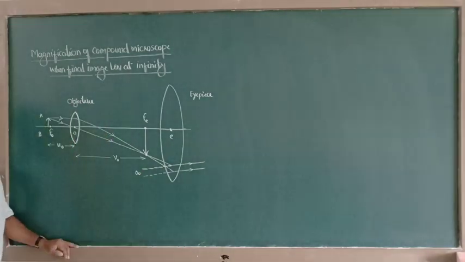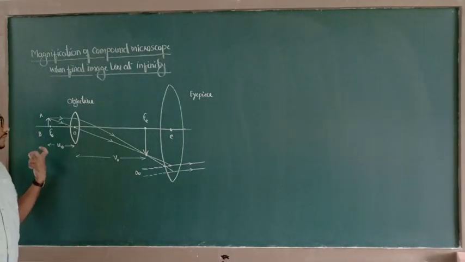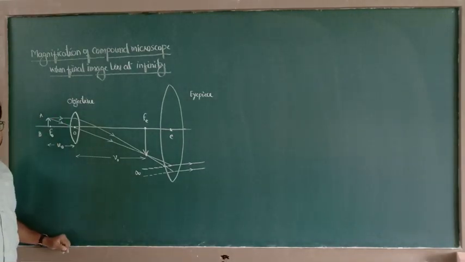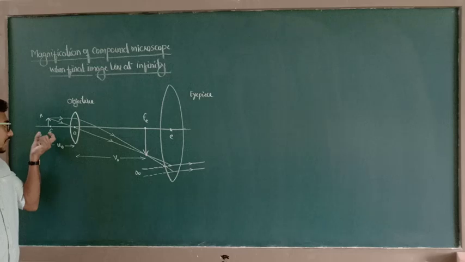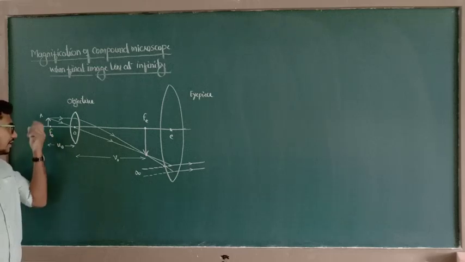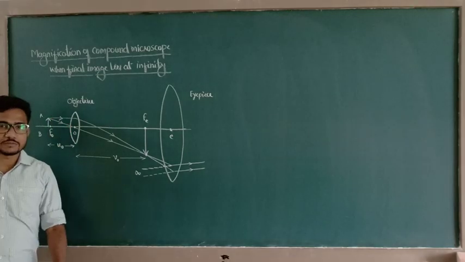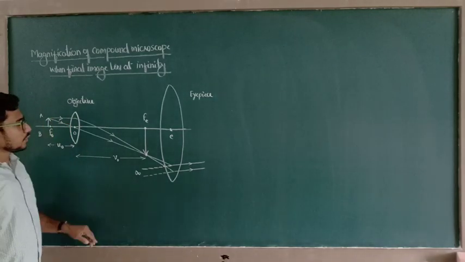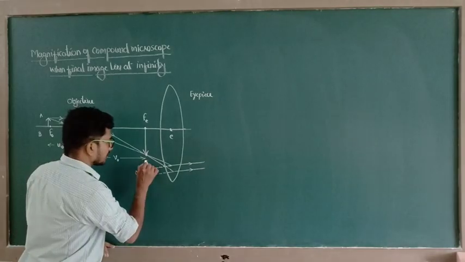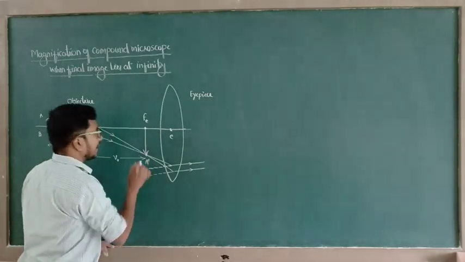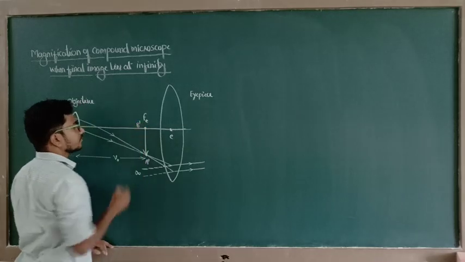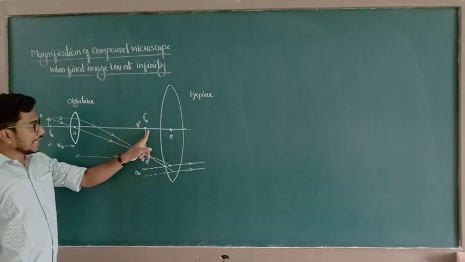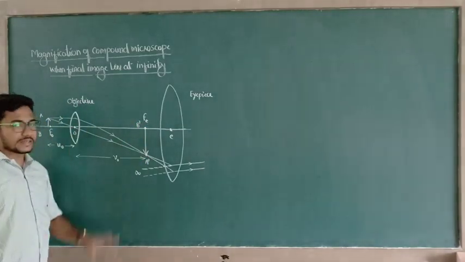Now see here, AB is the object with respect to the objective lens. AB lies just outside the principal focus of the objective. Therefore, it gives a real inverted magnified image A dash B dash, which lies at some distance from the optical center.